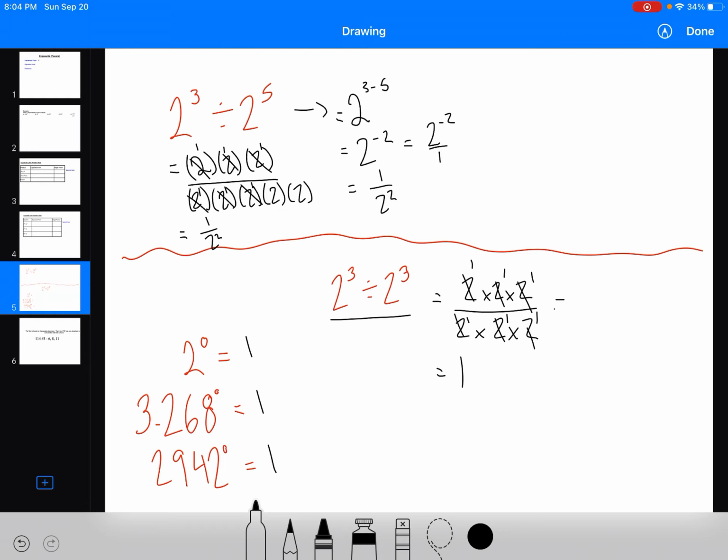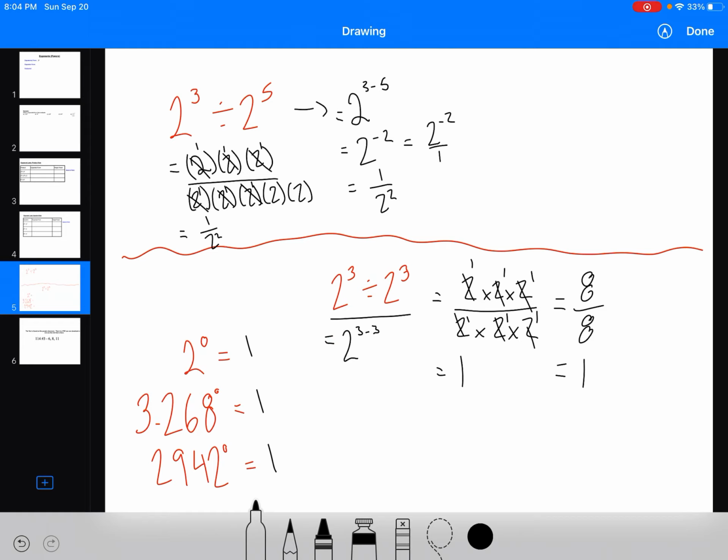Or if we look at it this way, it's just 2 times 2 times 2 is 8 over 8, which is 1. Okay? Now, what we have to remember, though, is this is really equal to 2 to the 3 minus 3, which is equal to 2 to the 0. Well, 2 to the 0 is equal to 1. I just showed you 2 ways that it's equal to 1. Any value to the power of 0 is going to give you 1.